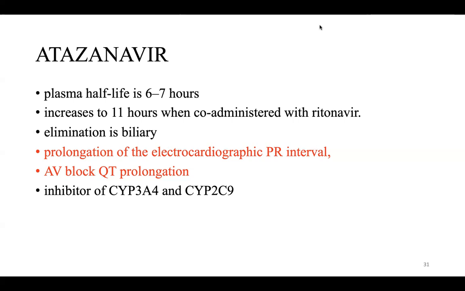QT prolongation is another potential electrocardiographic effect of atazanavir, but is rarely clinically significant. As an inhibitor of cytochrome 3A4 and cytochrome P2C9, the potential for drug-drug interactions with atazanavir is great.